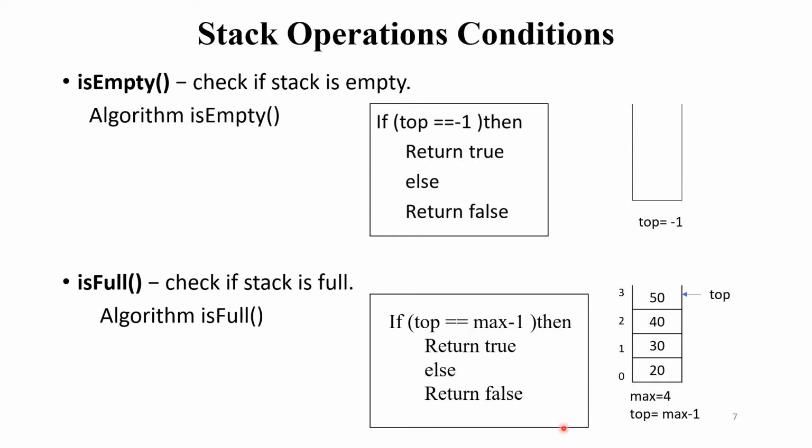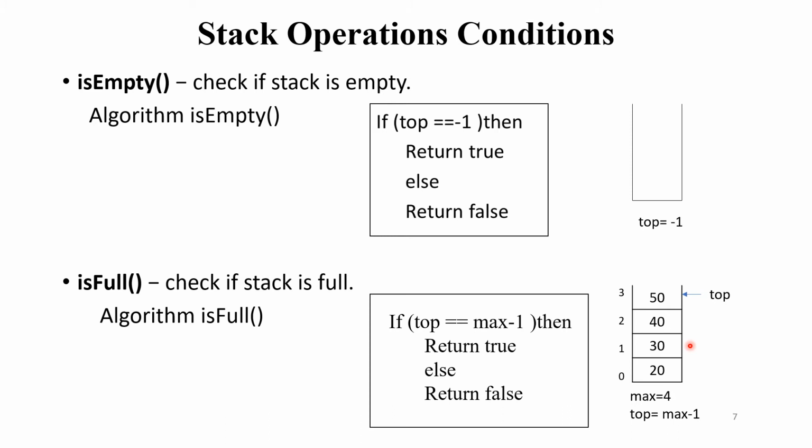See here in this diagram, max is equal to 4, which means the size of the stack is 4. So we start from 0, 1, 2, 3. When you enter the first number, top points to the 0th index.